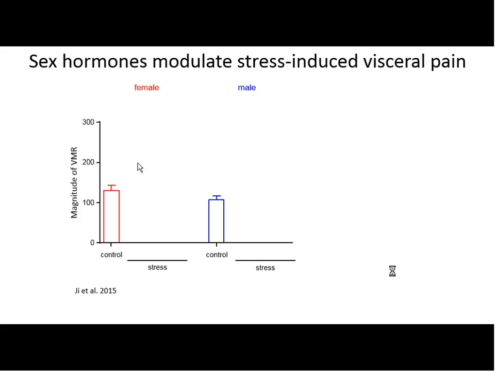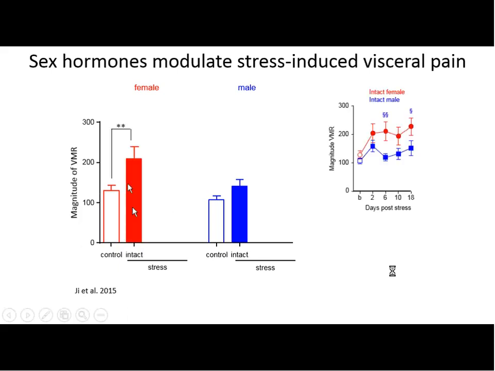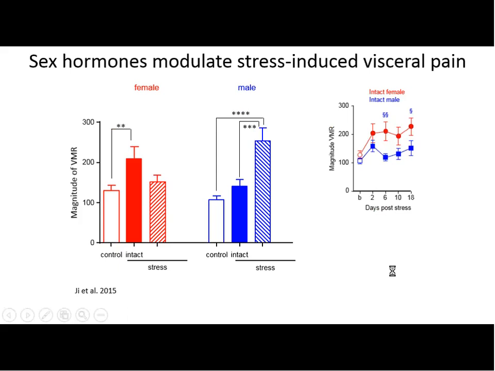These are control animals, so this is the normal visceral motor response. After stress, the naive intact female rats show a profound hypersensitivity to that same colorectal distension. If you give the female rats testosterone, they look like male rats, as in no response to the stress.